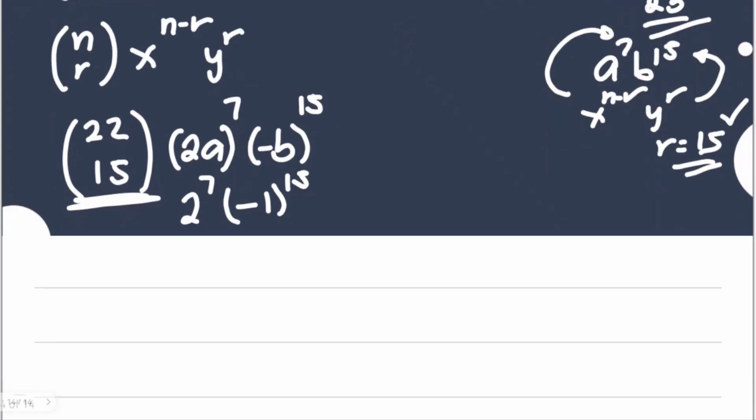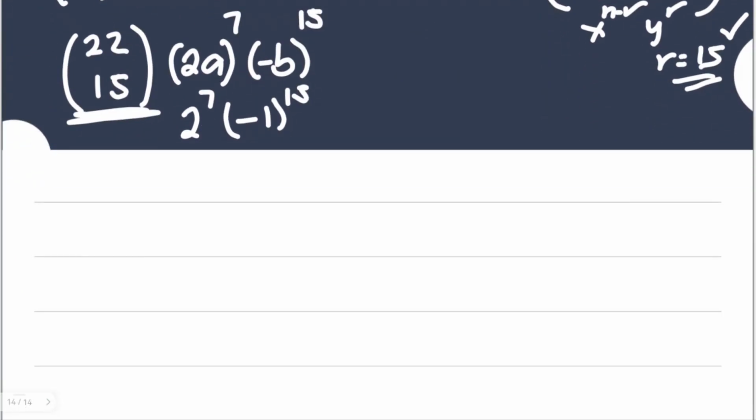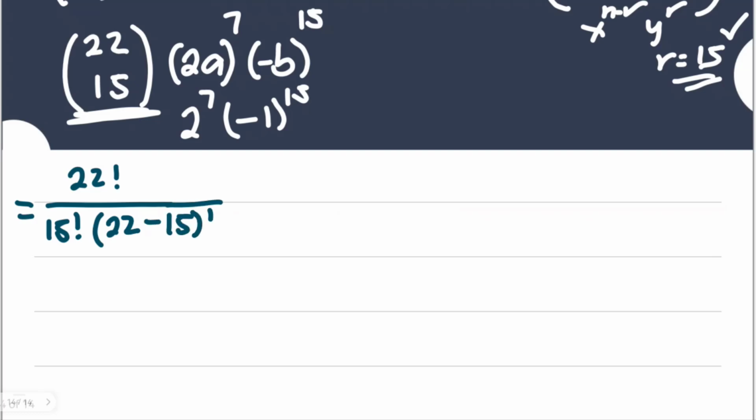Moving down, we'll use another color. We get 22 factorial over 15 factorial times 22 minus 15 factorial, then 2 to the power of 7, a to the power of 7 using the laws of exponents, negative 1 raised to the power of 15, and b to the power of 15.